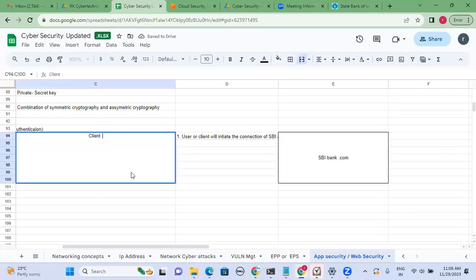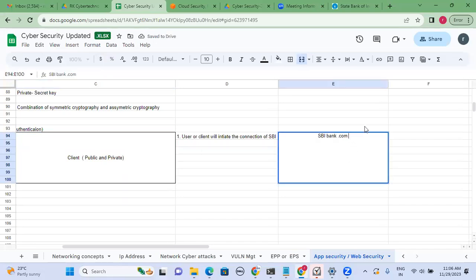How many keys will the client maintain, one key or two keys? Every system or server maintains two keys, one public and the other private. What about the server? It also maintains two keys, public and private.